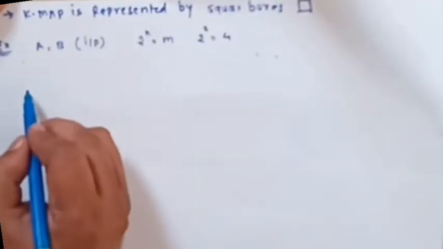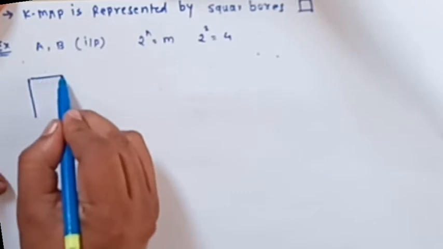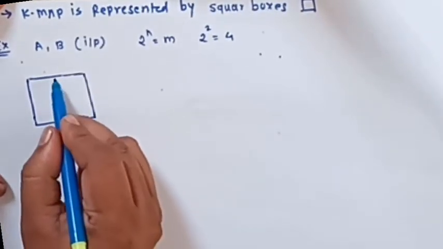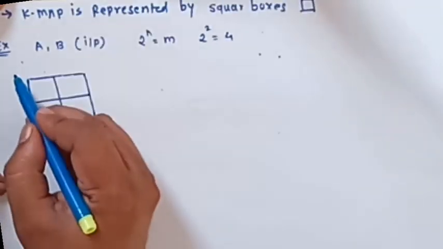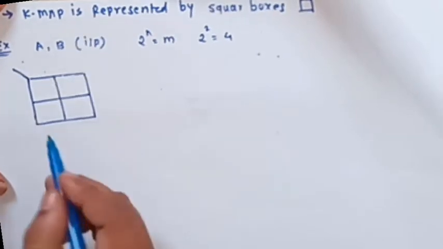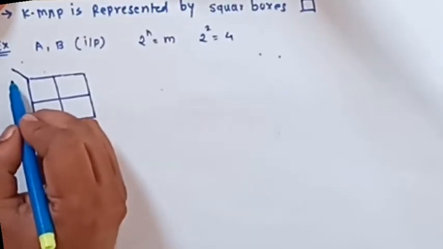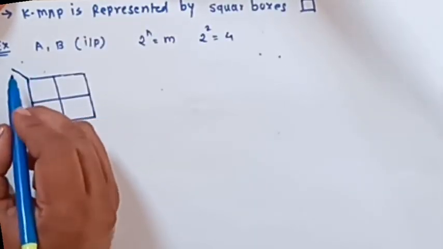Okay, so I will draw the K-map for these two variables. Here we will take the 4 boxes. So these are the 4 boxes. Here we have to draw the line, and here we have to represent the inputs.